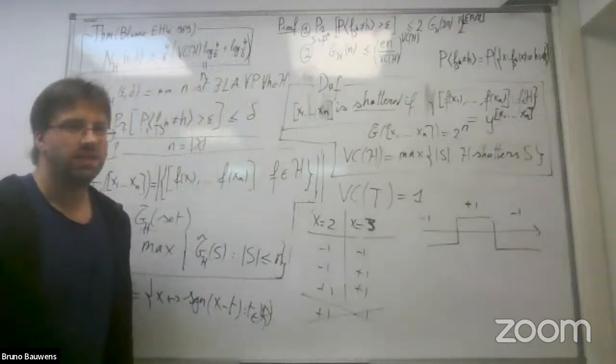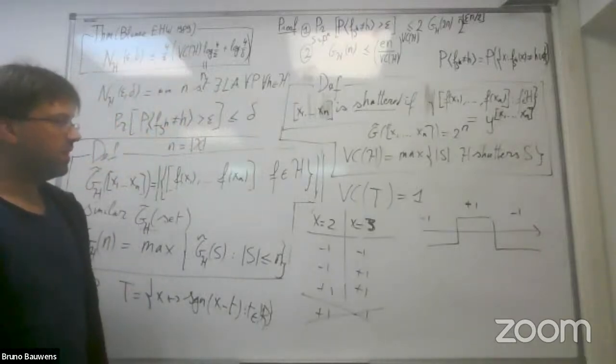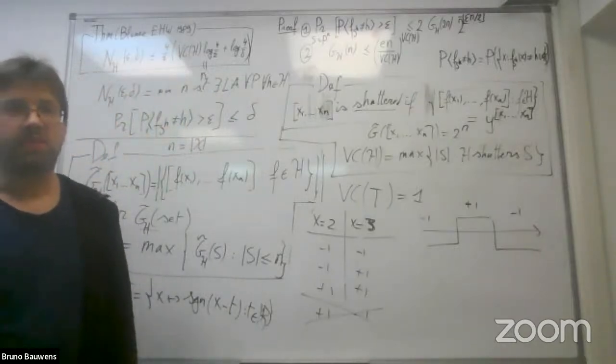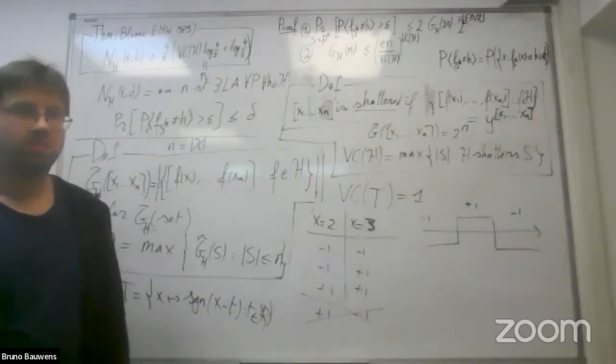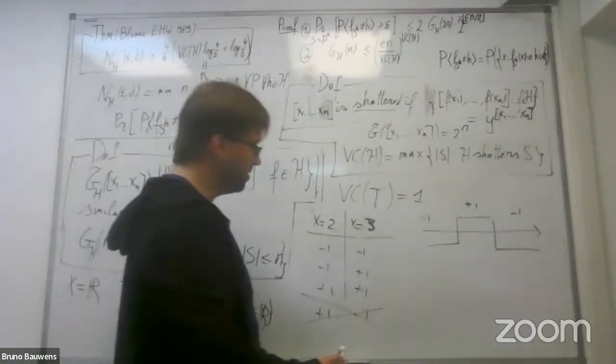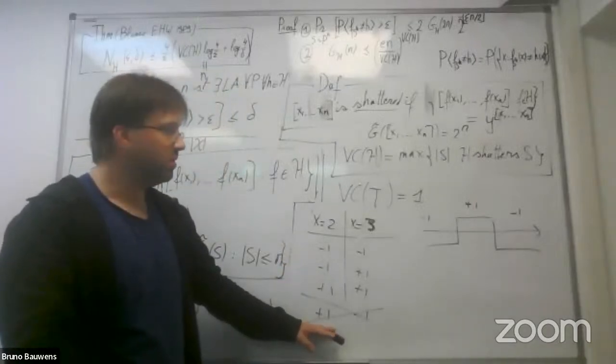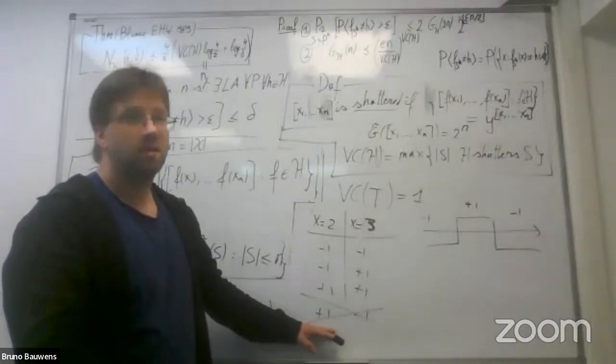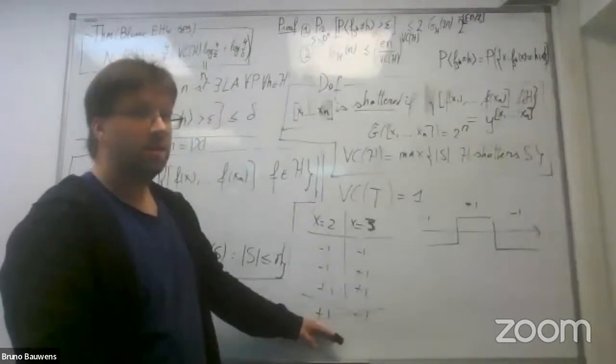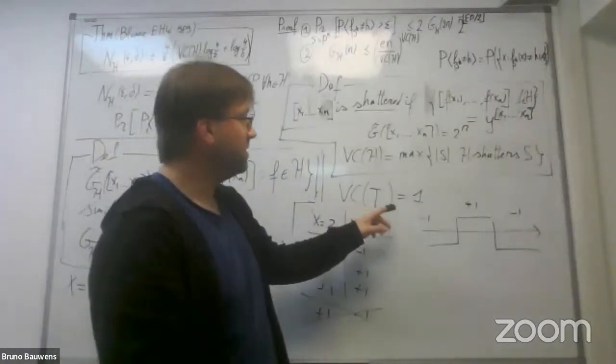So what is the VC dimension? Can we shatter a set of size 2? Yes. We can have all 4 dichotomies for a set of size 2. Exactly, so that means the VC dimension is at least 2.